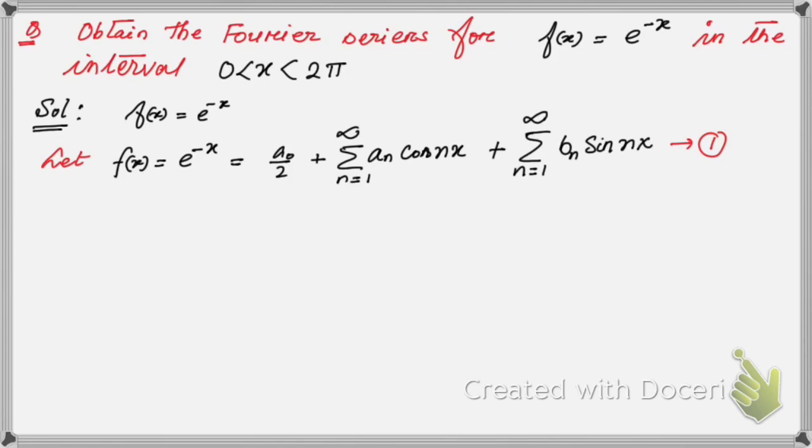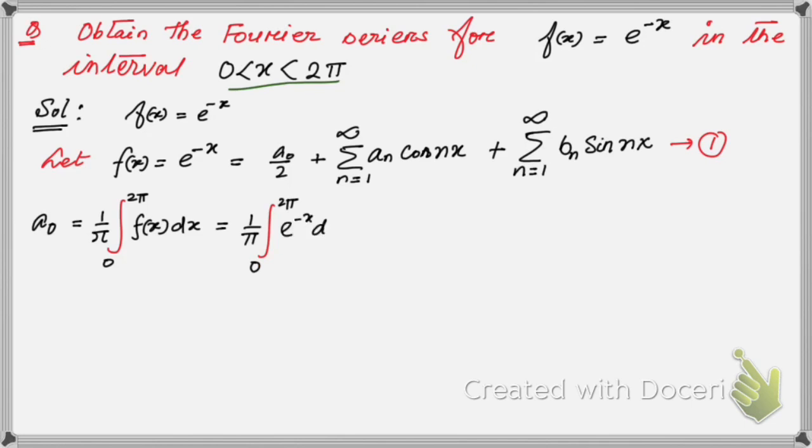So now we know that a naught is given by 1 by pi integration 0 to 2 pi. Here the interval is 0 to 2 pi, right? And f of x dx. So here f of x is e to the power minus x.